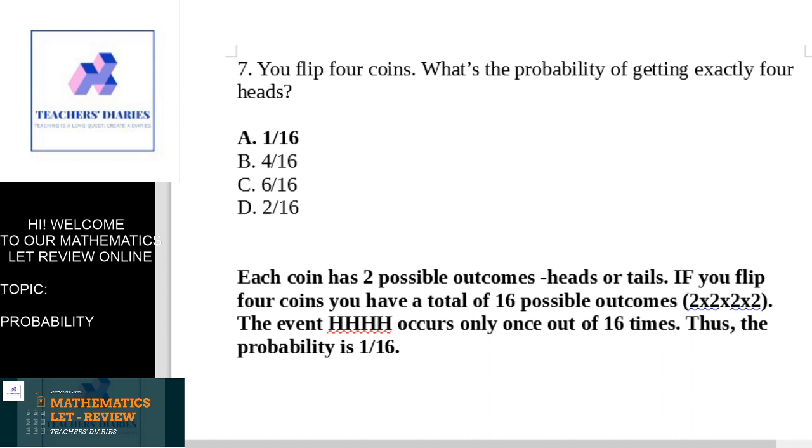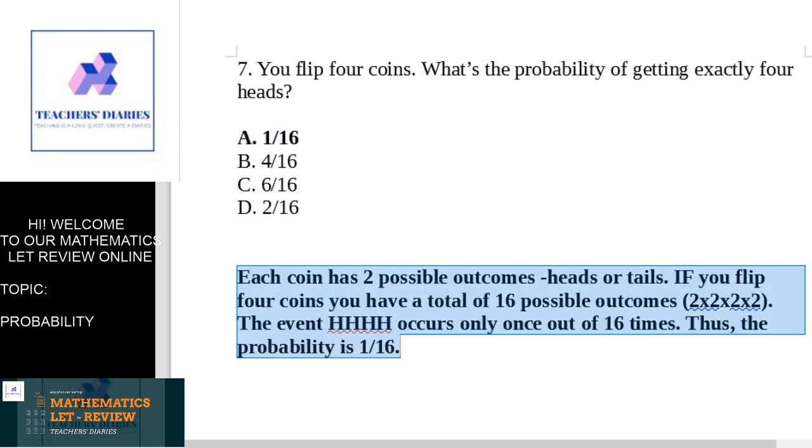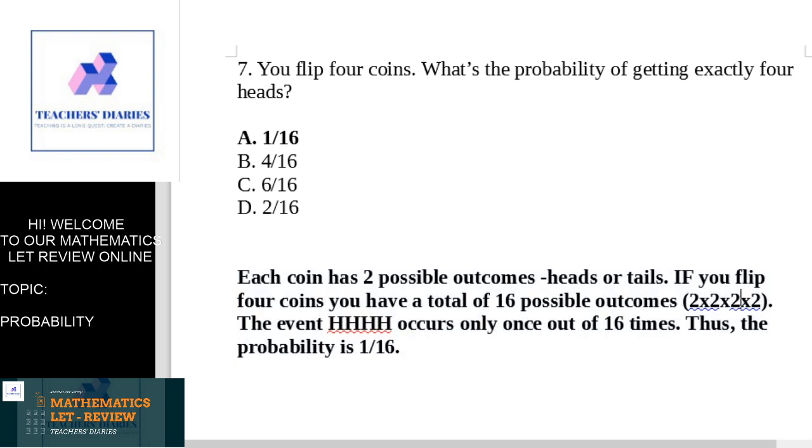So here we try to get exactly 4 heads in flipping 4 coins. Now the correct answer is 1 over 16, because each coin has 2 possible outcomes. It could be heads or it could be tails. If you flip 4 coins, you have a total of 16 possible outcomes, simply 2 times 2 times 2 times 2, which equals 16.